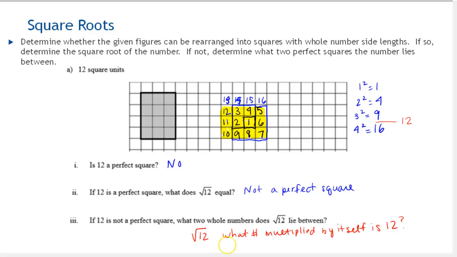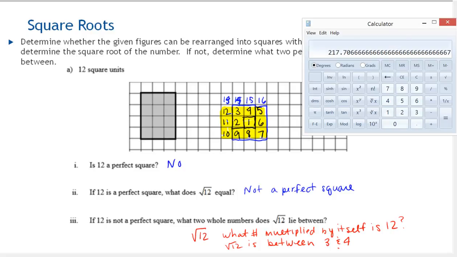So the square root of 12 is between 3 and 4. There is a number that has the property that when you multiply it by itself, you get 12. It's going to be what we call an irrational number, like pi.